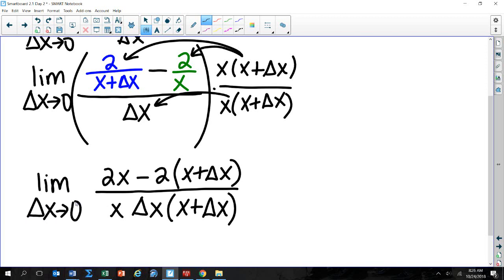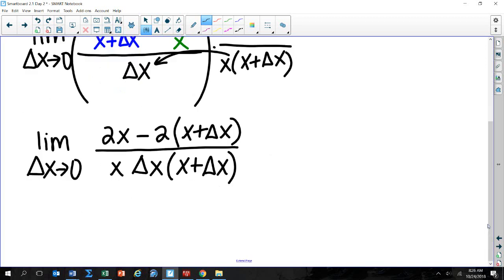Any questions about how I jumped from that first step that's shown to that second step that's shown? Is that okay? Multiply by the least common multiple? Okay, now true or false. This is where I see so many mistakes all the time. True or false? Can I do this? No. There is a subtraction sign here. The numerator is not in factored form.